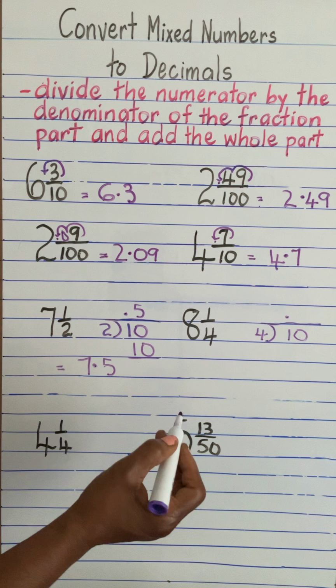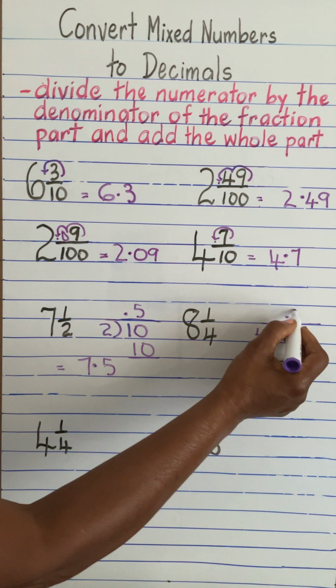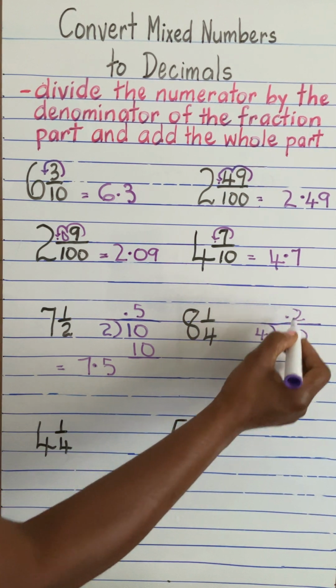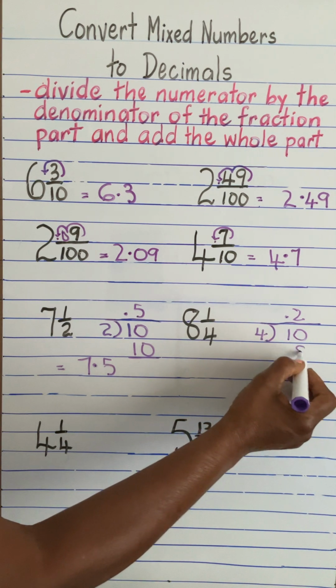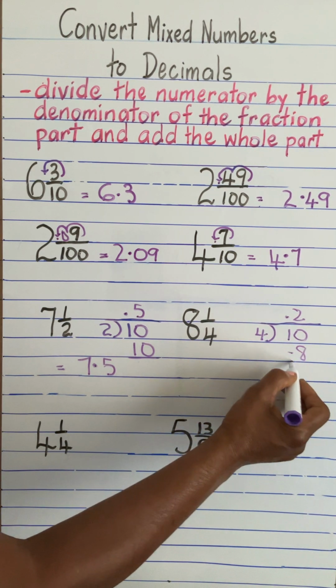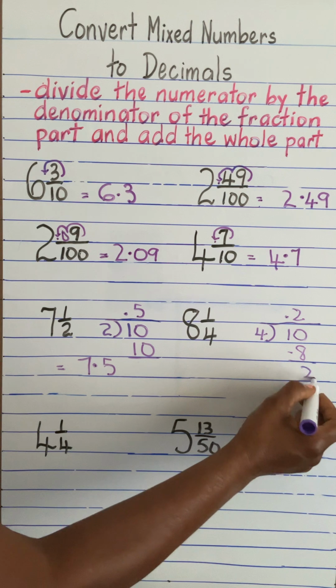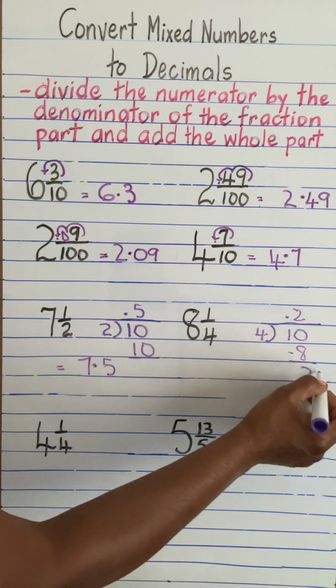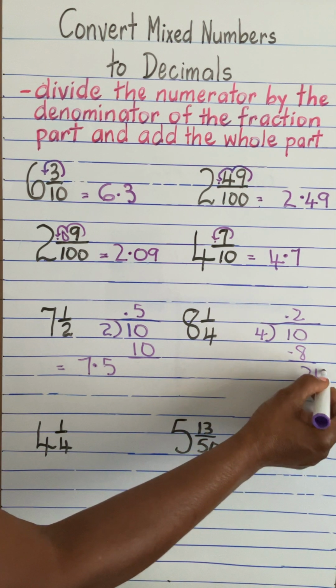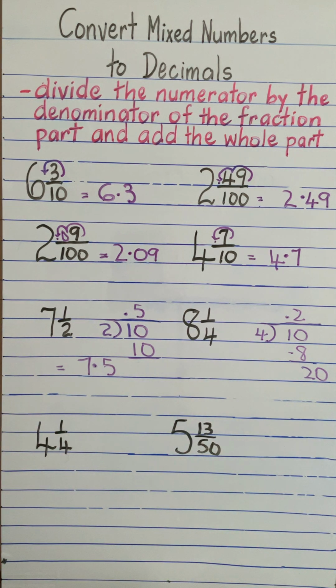How many times can 4 go into 10? 2 times. 2 times 4, 8. Subtract. Add another 0. Remember, we continue to add zeros to about 3 decimal places.